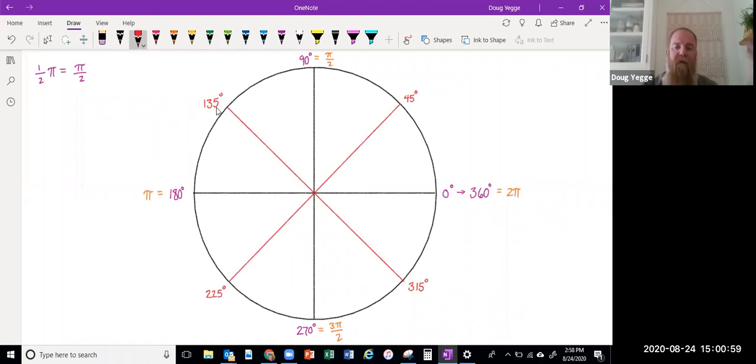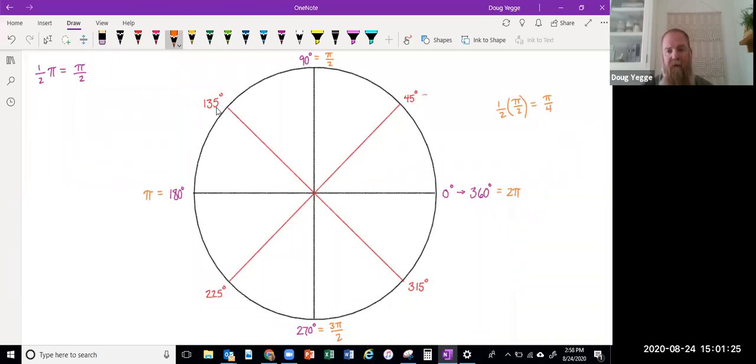But now we want to convert this to radians. So let's think about this again. I've taken 90 degrees and cut it in half to get 45. So that must mean that I need to take half of pi over 2. I need to multiply pi over 2 times 1/2 and realize that that's now pi over 4.